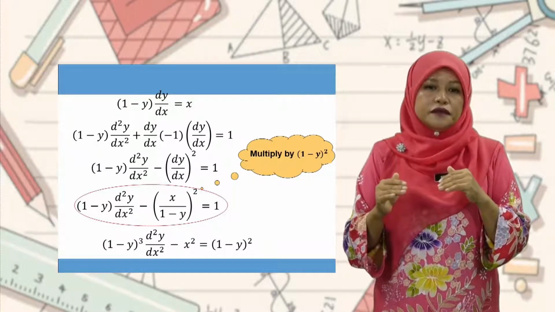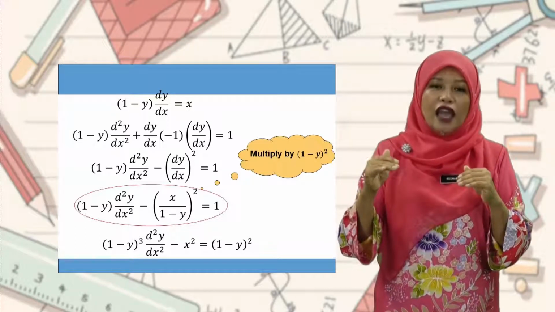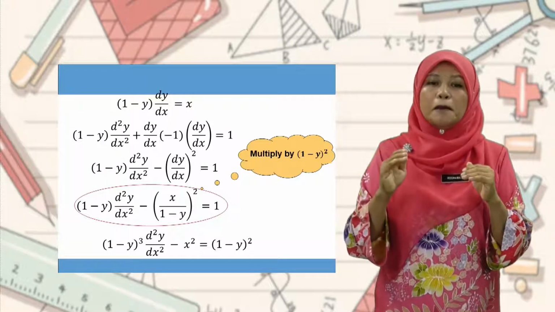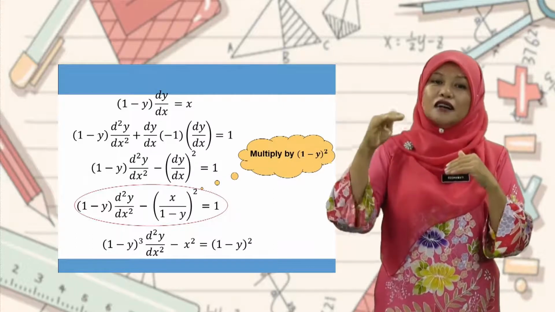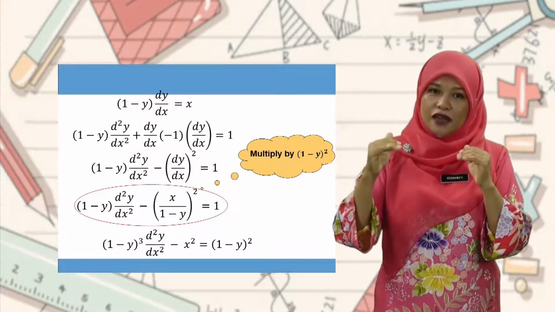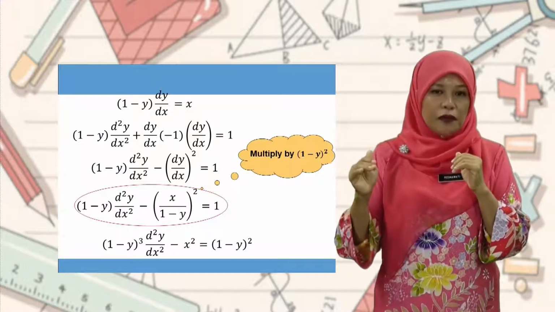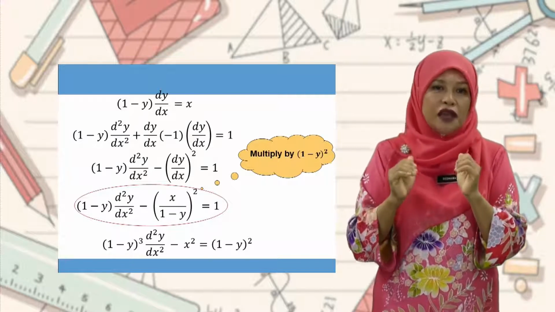And then I replace the dy/dx by x over 1 minus y, because earlier we already have dy/dx, which is x over 1 minus y. So I am replacing that in the place of dy/dx.